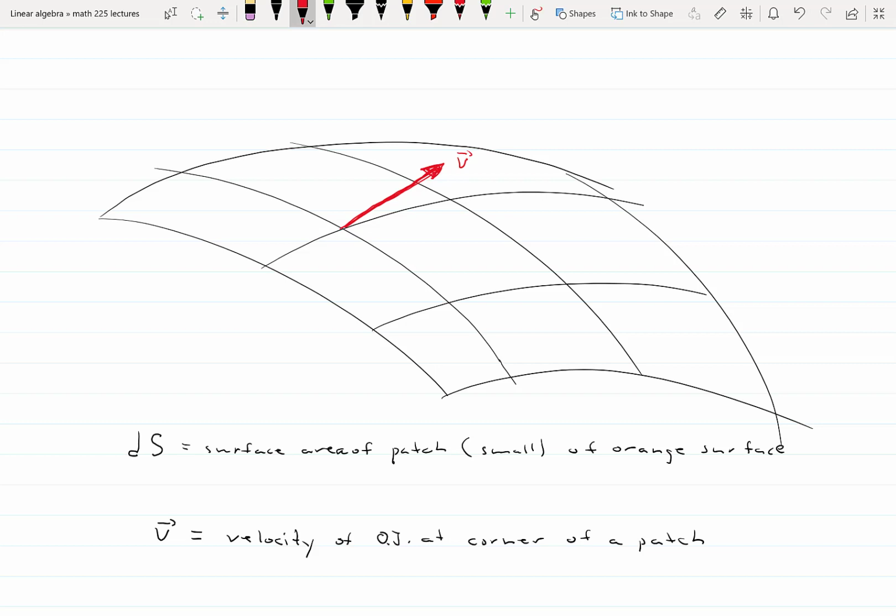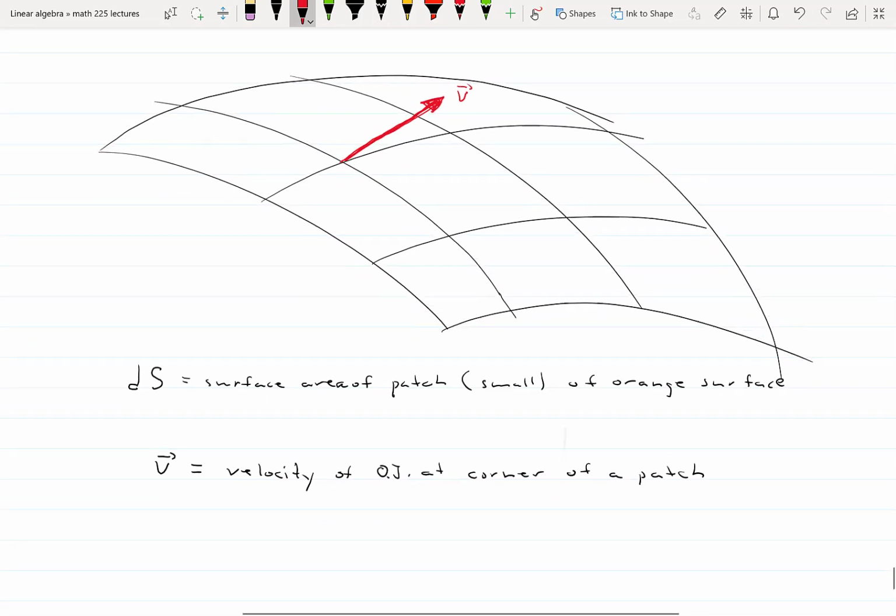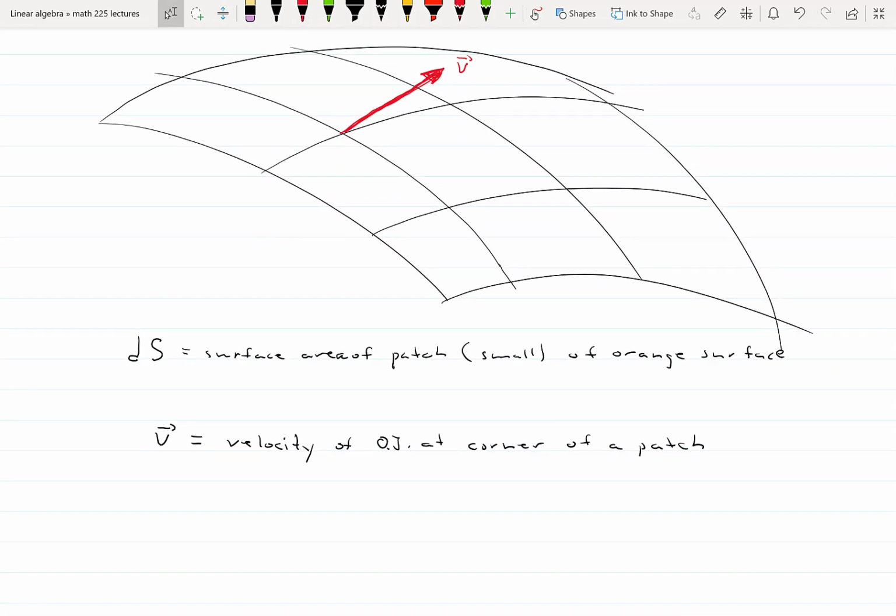Now here's another assumption we have to make. We're going to assume that the patch is so small that the velocity of the orange juice is constant throughout that patch. The speed of the orange juice is constant along that entire patch.